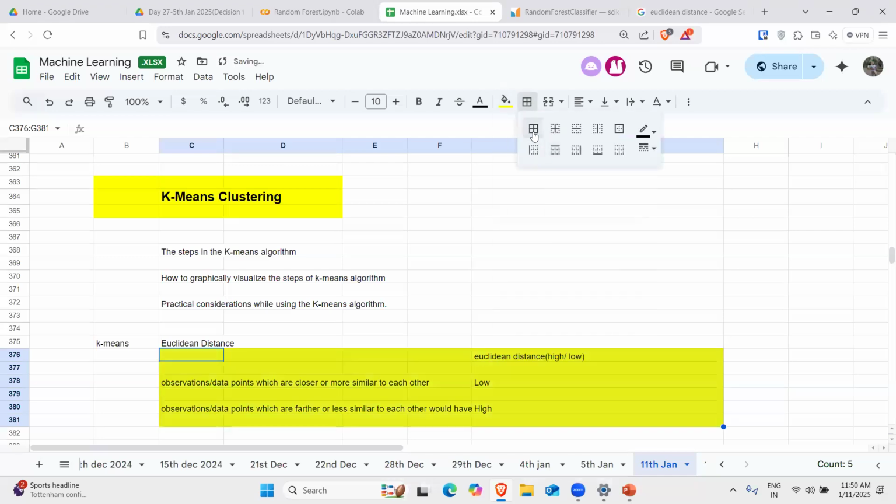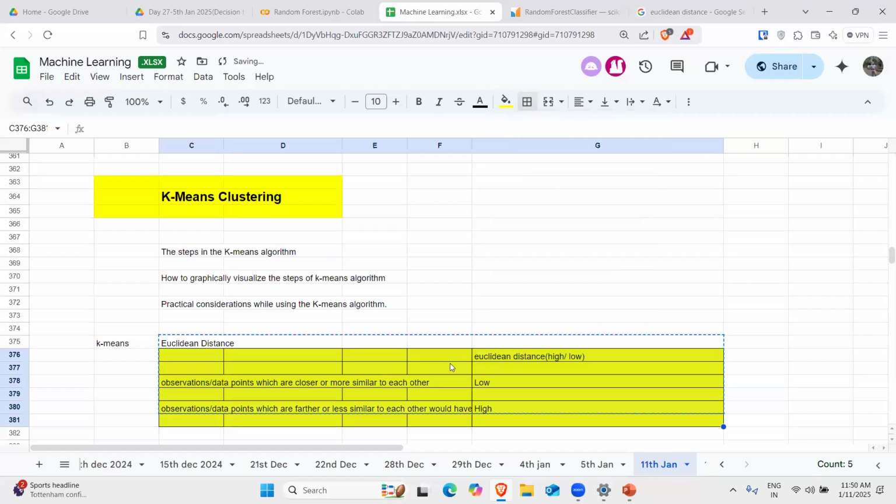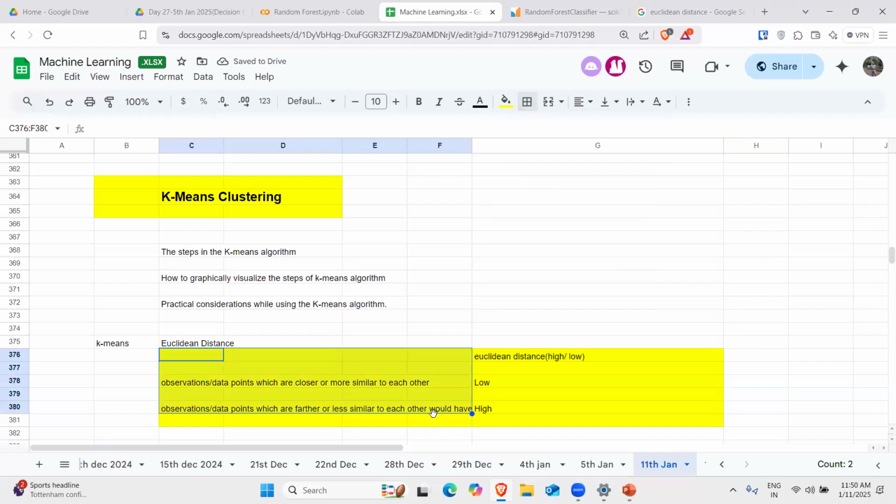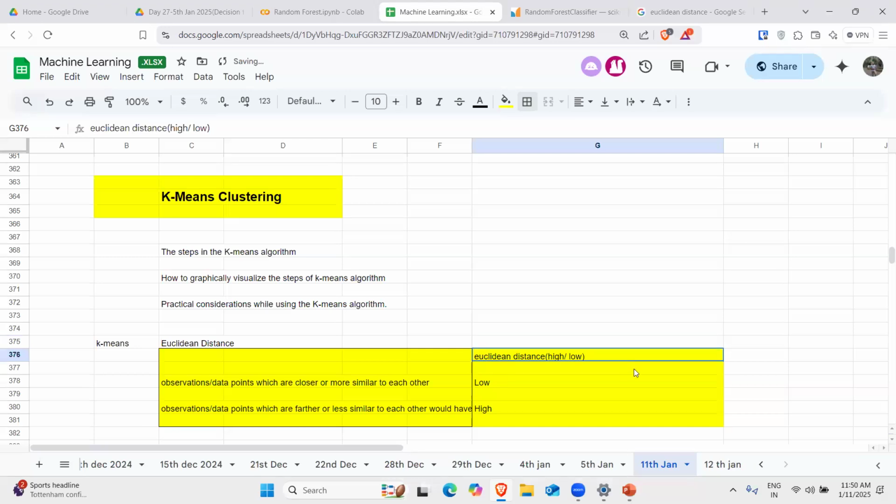The data points which are closer to each other will have less Euclidean distance, meaning they are similar to each other, and the data points which are farther from each other will have what?